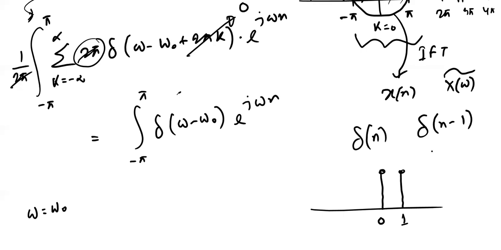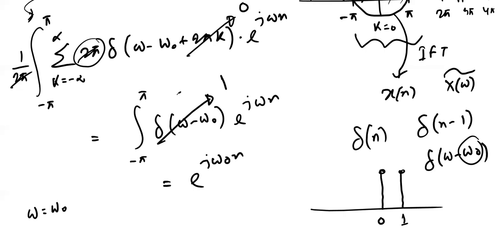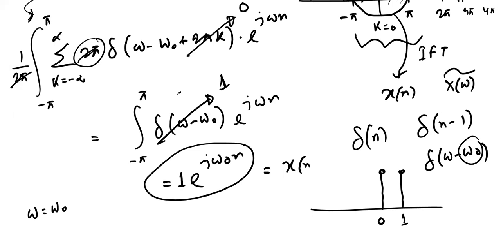Similarly, delta omega minus omega 0 has the value at the location of omega 0. So no need to do the integration of that one. We have a single value, and we can write it as e to the power j omega 0 n, because omega equals omega 0, and the amplitude is equal to 1, which gives the inverse Fourier transform, and this is our x[n].